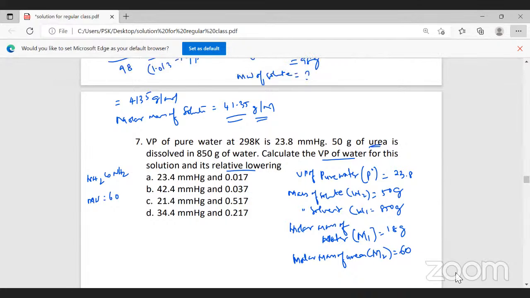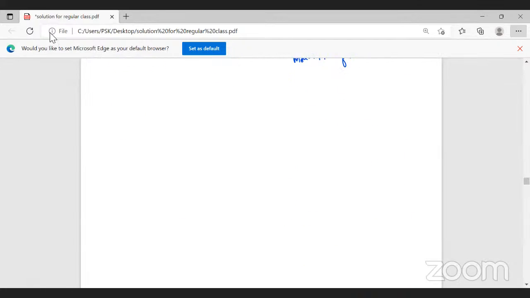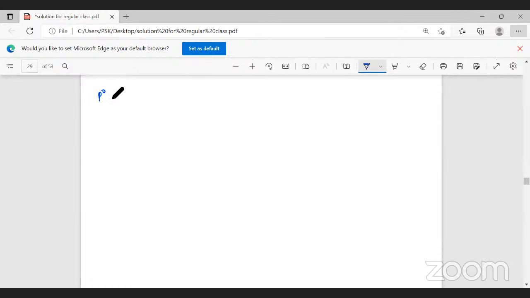Now we need to calculate. Firstly, P naught minus P divided by P naught is equal to N2 by N1, or we can write it as W2 by M2 divided by W1 by M1. This is nothing but the relative lowering of vapor pressure.